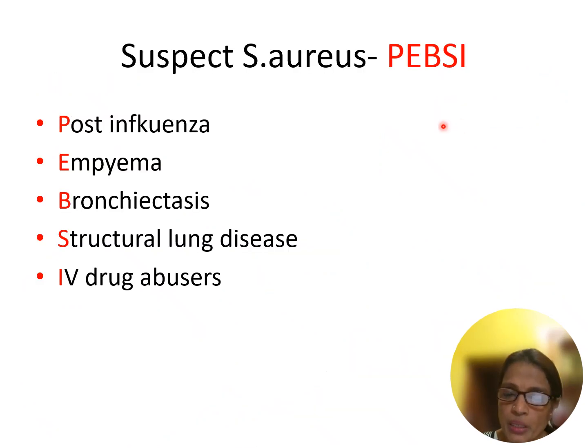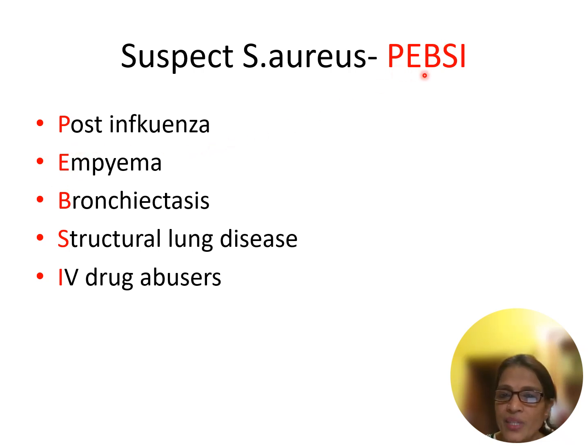Now, sometimes you'll have to cover the patient for Staphylococcus aureus. So when do we suspect Staph aureus infection? When the patient comes in, empirically you may have to think of using some gram-positive cover in the following conditions.